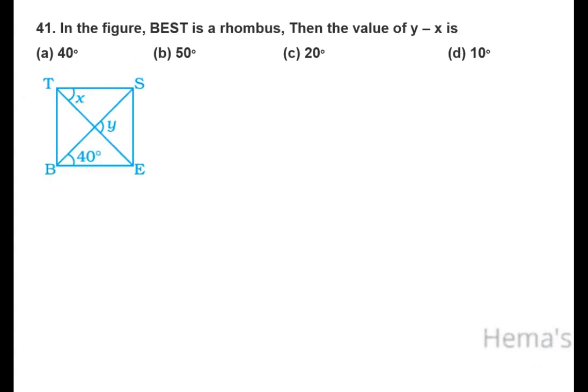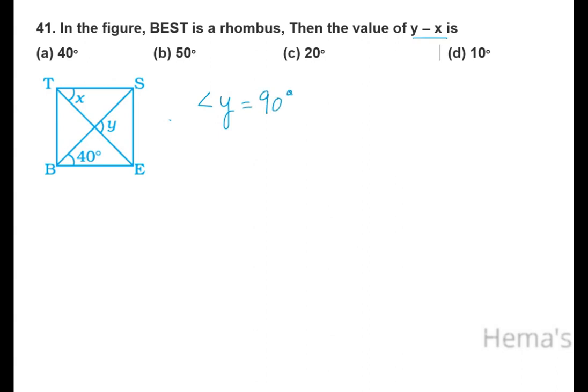Question 41. In the figure BEST is a rhombus. Then the value of y minus x is. BEST is a rhombus, and it is a property of a rhombus that the diagonals of a rhombus are perpendicular bisectors. Hence, angle y is equal to 90 degrees, right?